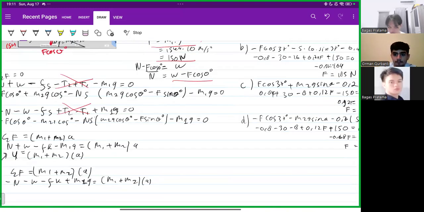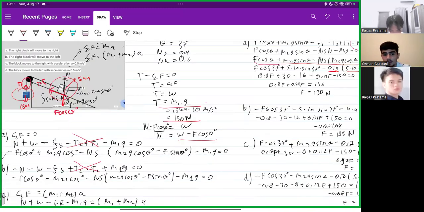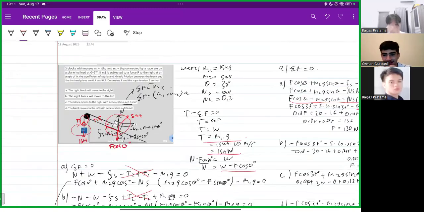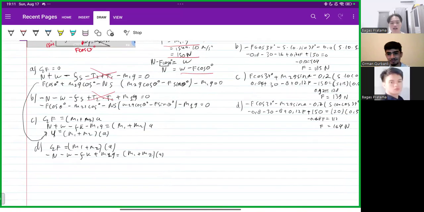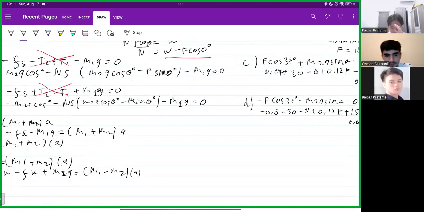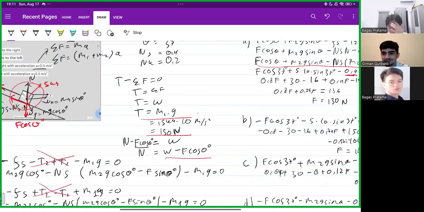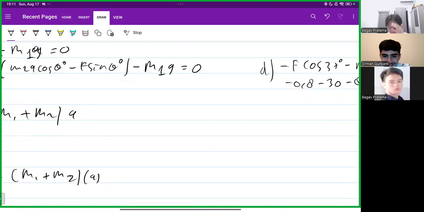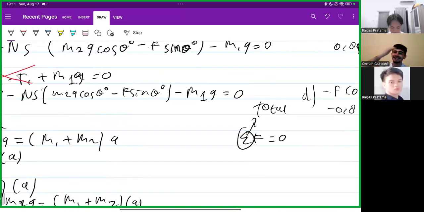So far, do you have any questions? Yeah, I have one question. Why do we put sigma before F? You're always writing sigma before F. What's the purpose of this? Thank you for the question. You mean the sigma F equals 0, because the sigma is actually the total of the force, like I said before.